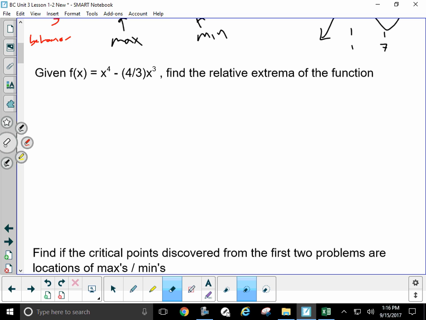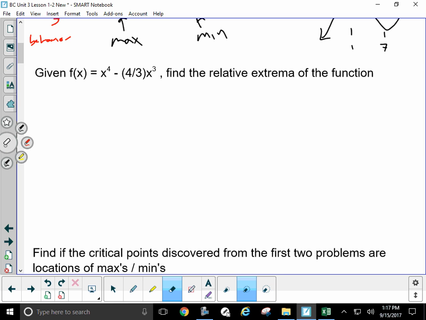Yep, very good. Good. Make sure you check between 0 and 1 as well.